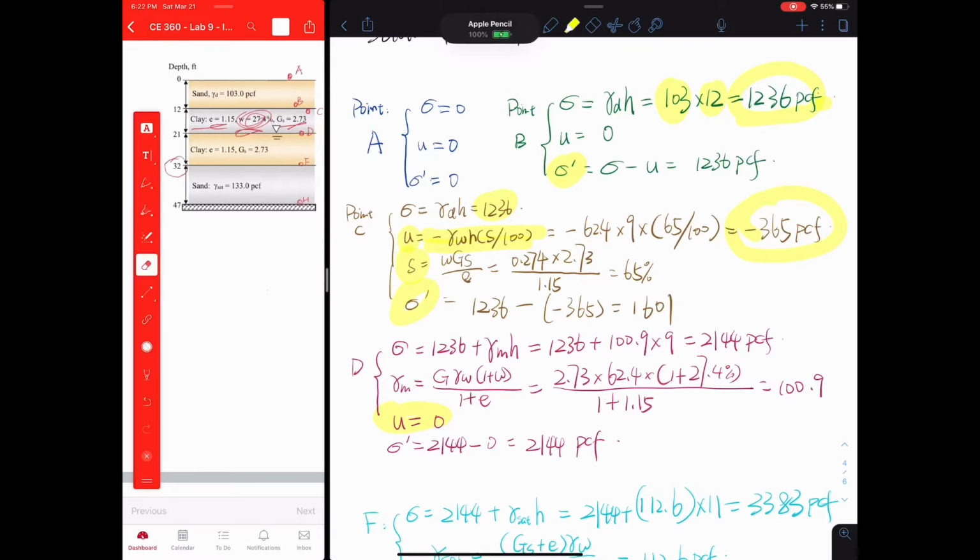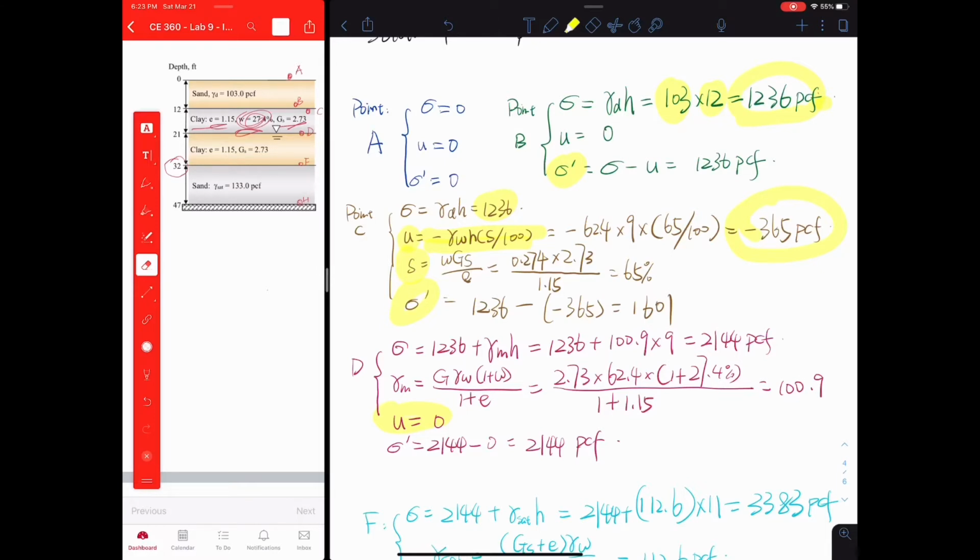Okay. So to calculate the total stress of point D, we are going to use the total stress of the first layer, which is 1236, plus the total stress of the second layer. So how do we calculate the total stress of the second layer?